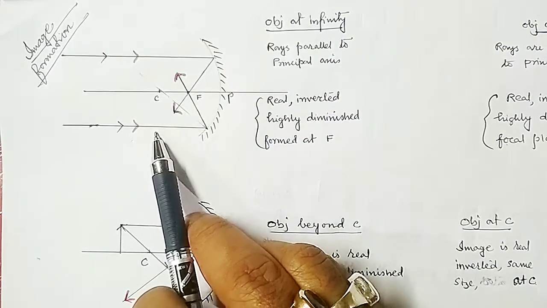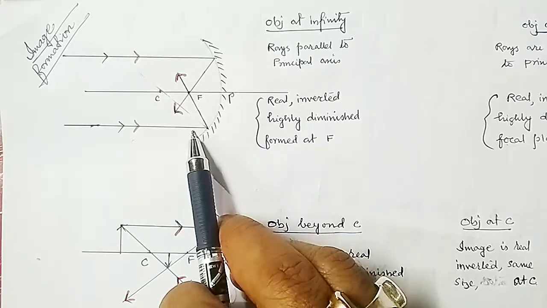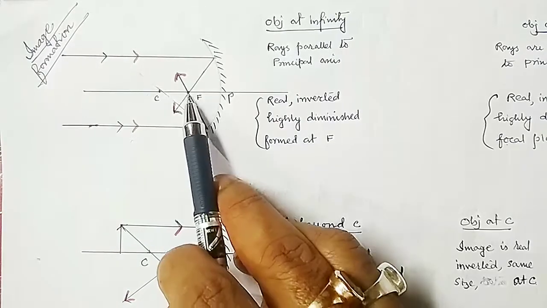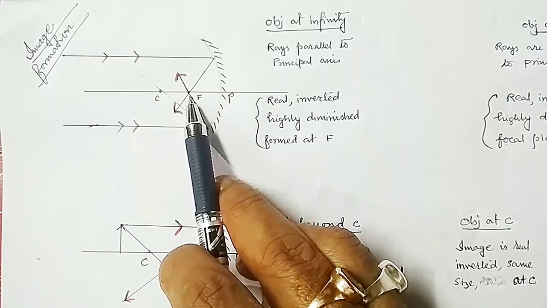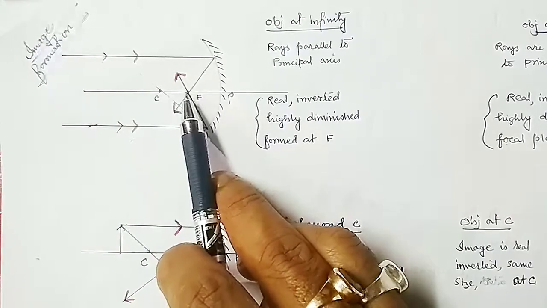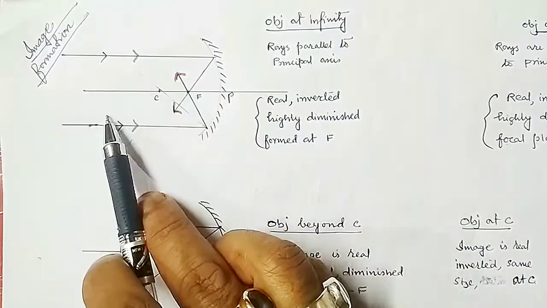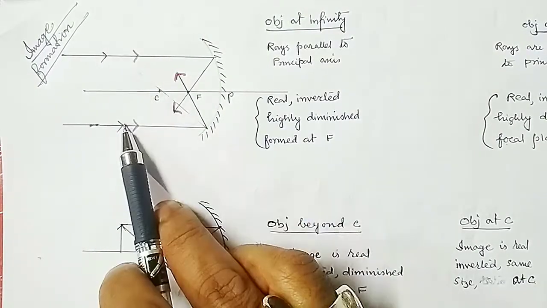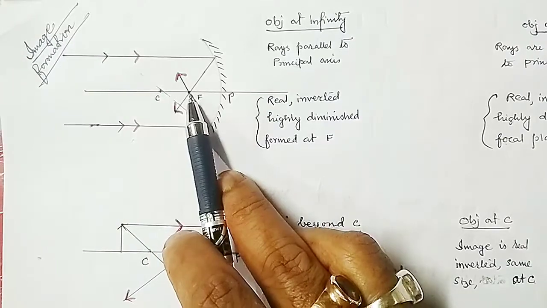This is another ray which is parallel to the principal axis, and after reflection from the mirror, this ray also will pass through the focus. These 2 reflected rays are passing through this point F. So the image that will be formed in case of a concave mirror when the object is at infinity and the rays coming from it are parallel to the principal axis, the image will be real because rays are really meeting.